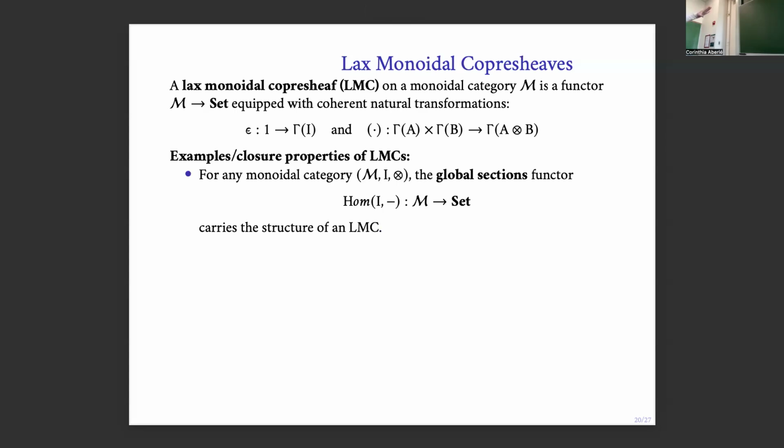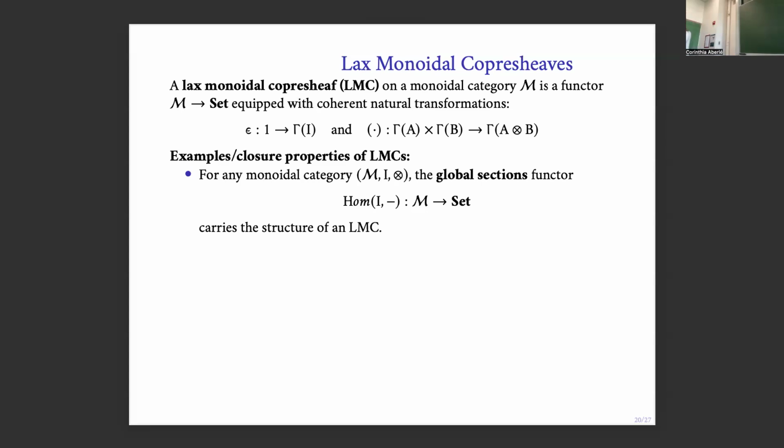But so what I'm interested in here are some examples of LMFs like this. So for any monoidal category, the global sections functor, which consists of HOMs out of the monoidal unit in M, carries the structure of an LMC. And so let's see how that works.